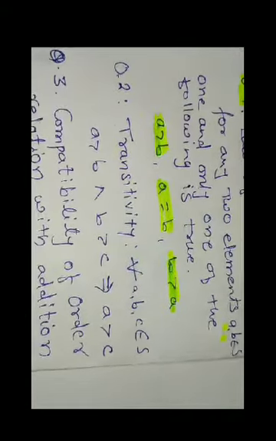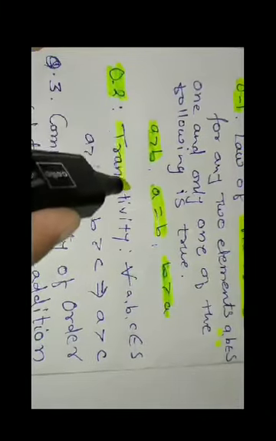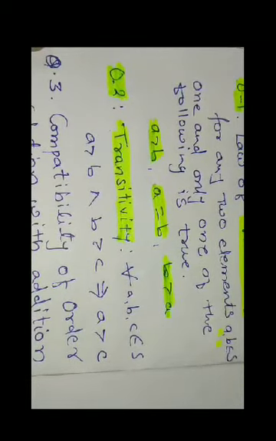Now the second property, we indicate it by O2. What is O2? That is the law of transitivity. Student, we have seen what is meant by transitivity when discussing equivalence relations.